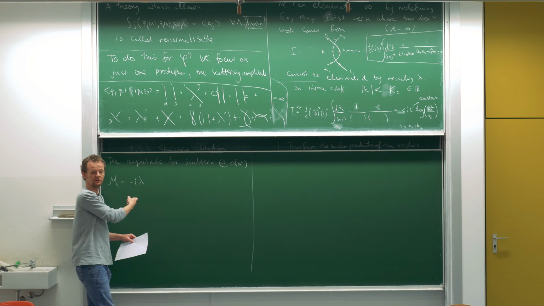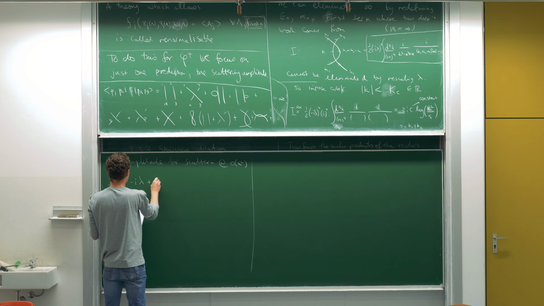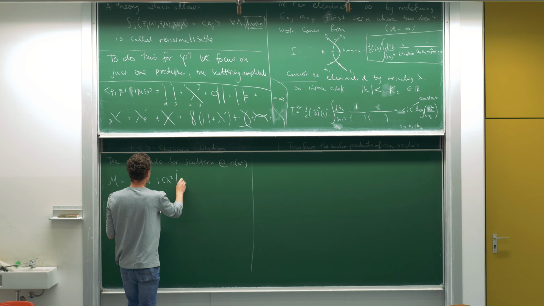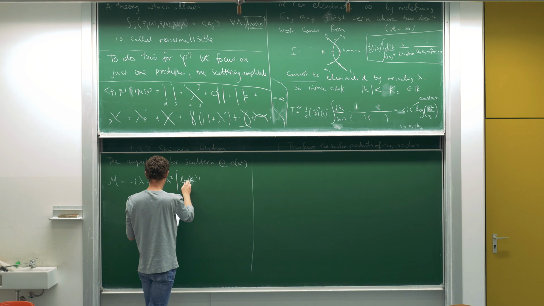Right, this is what we're used to seeing. Lambda is the scattering amplitude, but it's not, right? Plus, we get these other stuff. We get all these logs, depending on our momentum cutoff, K_C squared.